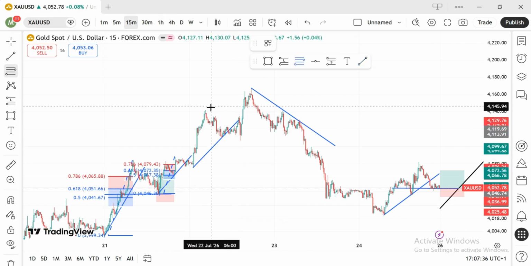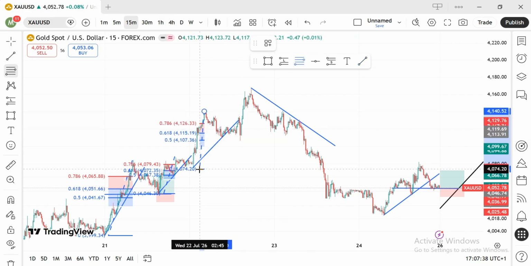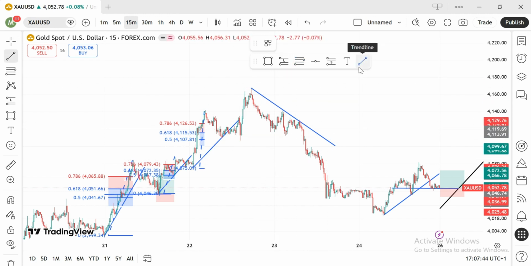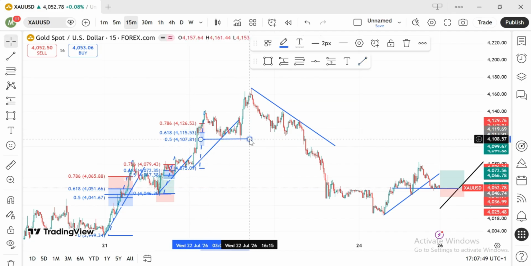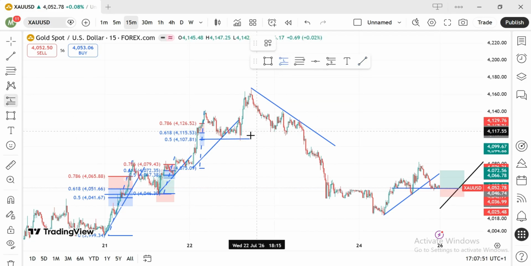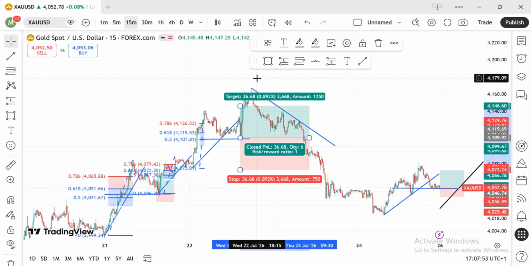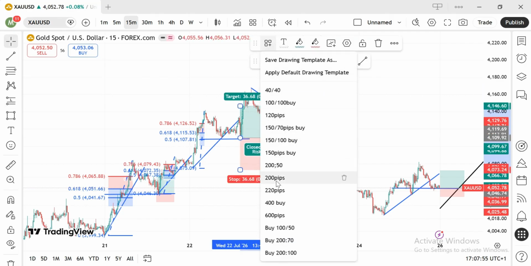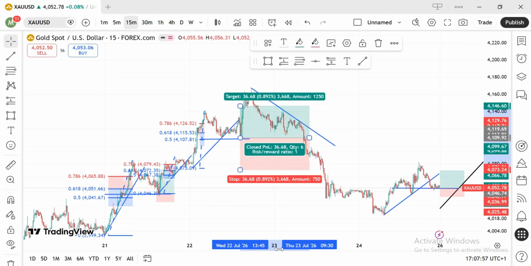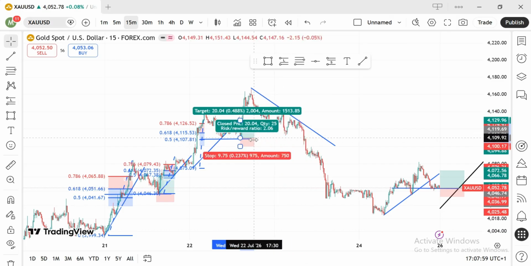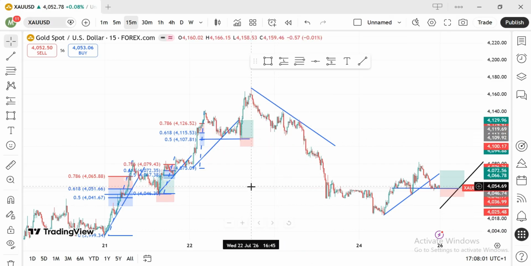You take your 50% Fibonacci tool, you drag it down over here, then you target an entry of 50%. You see you have another sniper entry over here giving you a good 200 to 100 pips again.